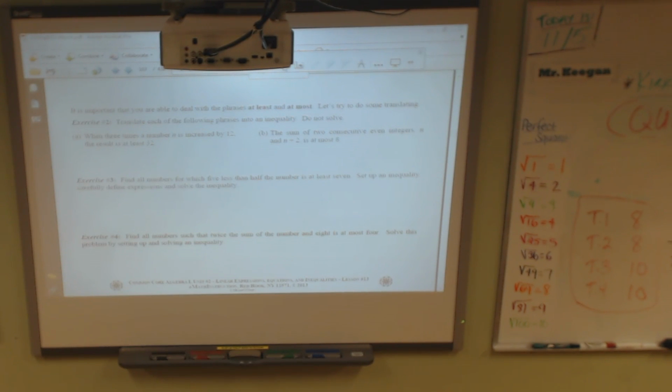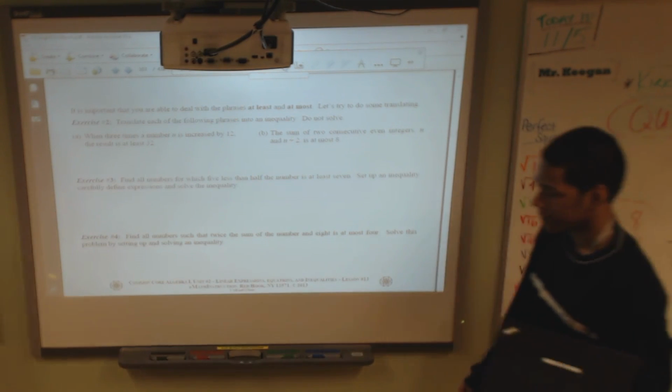The sum of the number and the 8. Now go backwards. It's twice the sum. Right, because you have to multiply it by 2 after you add those. So then you can go ahead and solve it, okay?